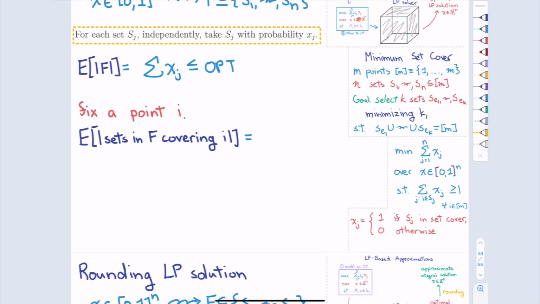Here's something more interesting maybe. If I look at a particular point i, what's the expected number of sets that we take that are covering i? Or how might I go about it?